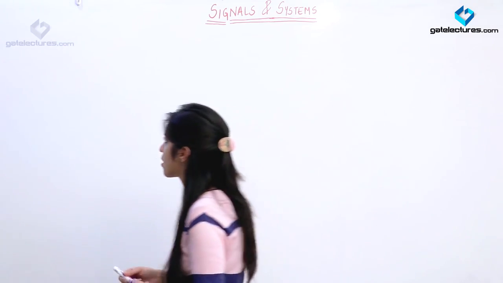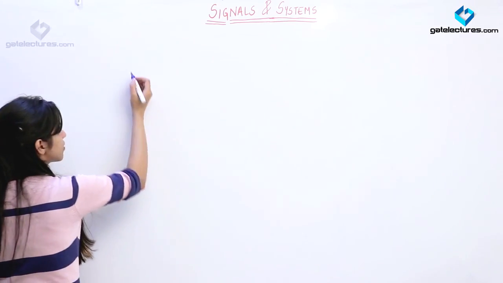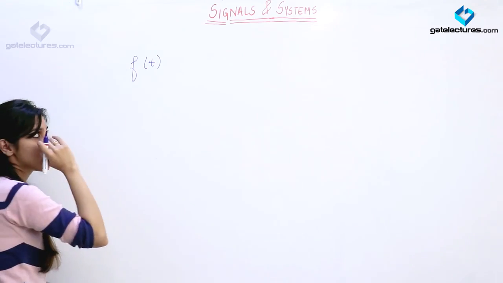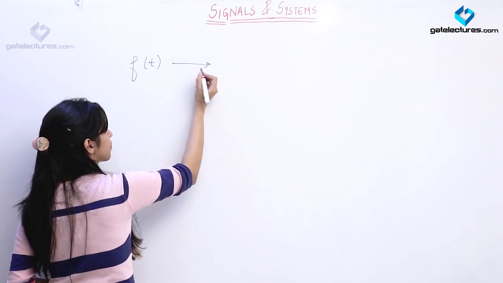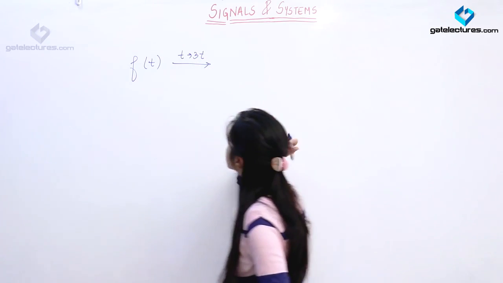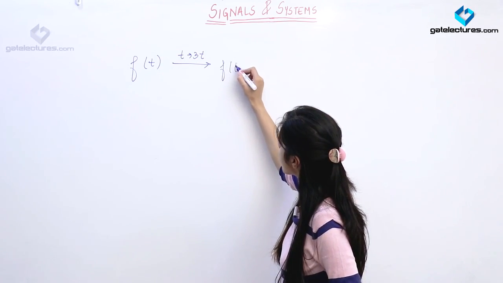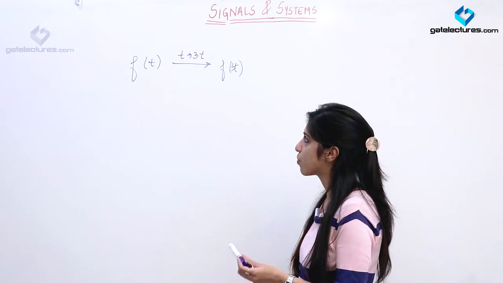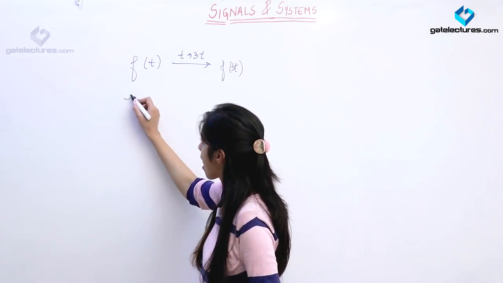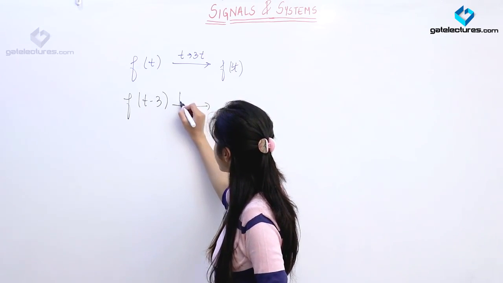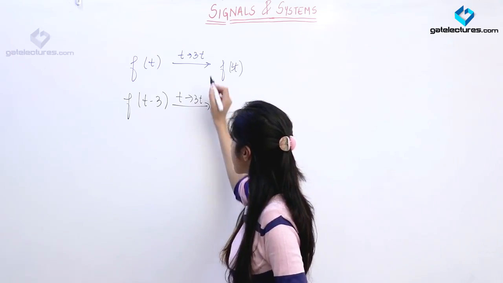What I mean to say is, suppose I have a signal f(t). If I am performing an operation of time scaling, then this is going to become f(3t). Now suppose initially I had a signal f(t minus 3), and I perform the same time scaling operation.